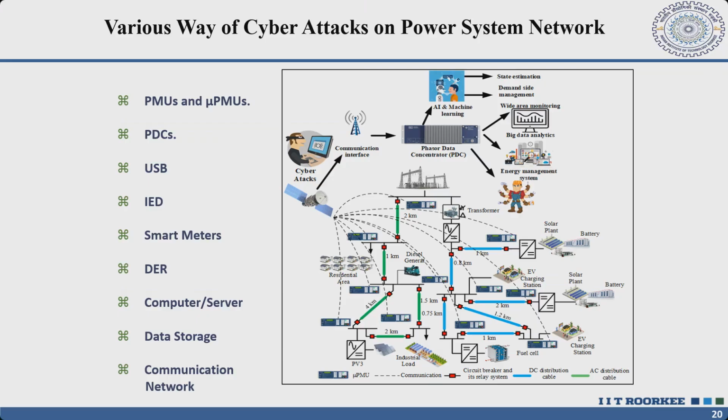If you have the skill to hack or attack the system, then you can easily hack it and manipulate the data. So all these are the vectors where these devices are vulnerable to attack, and one can easily carry out the attack.